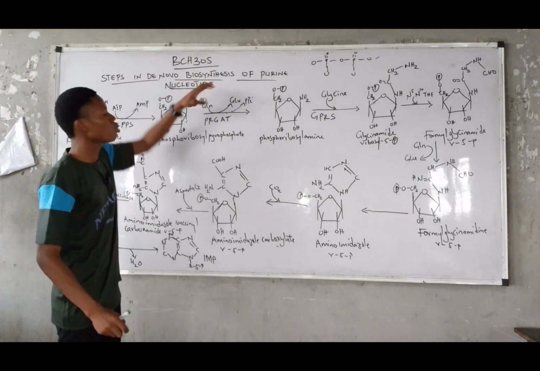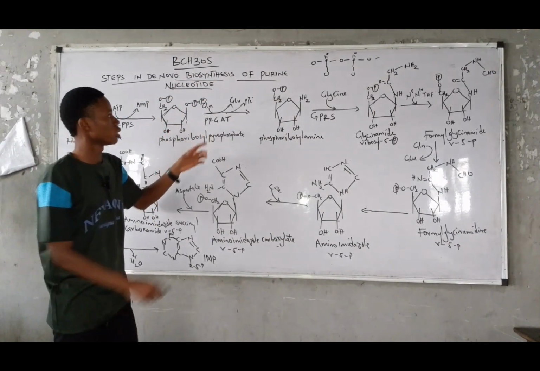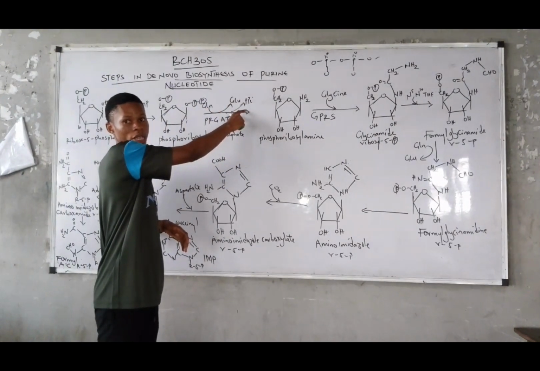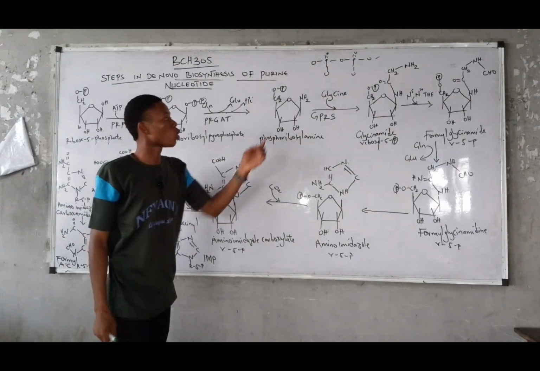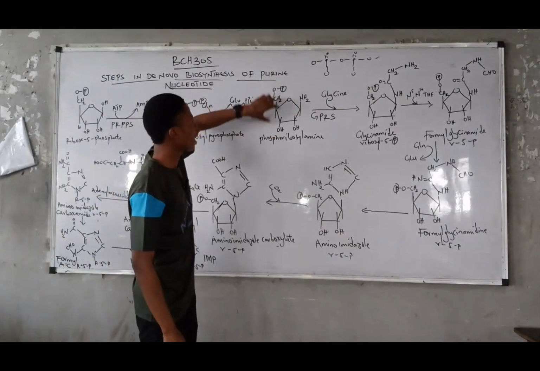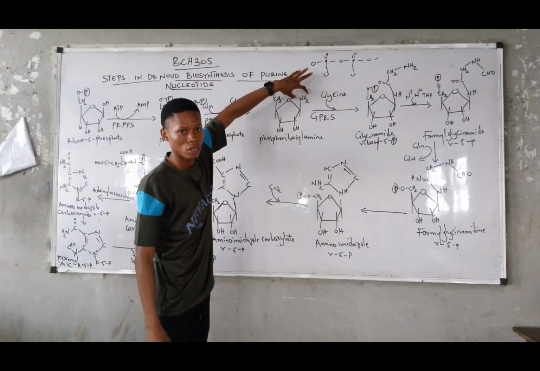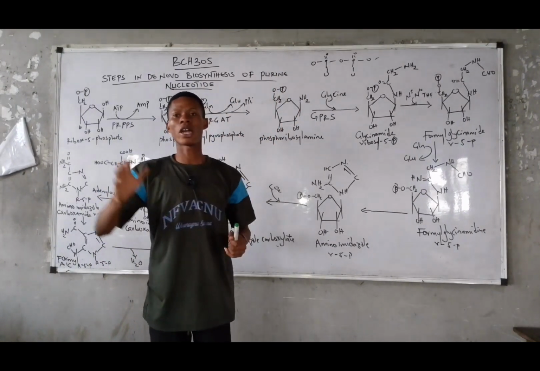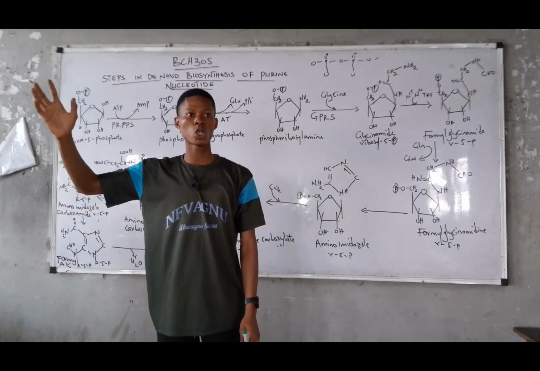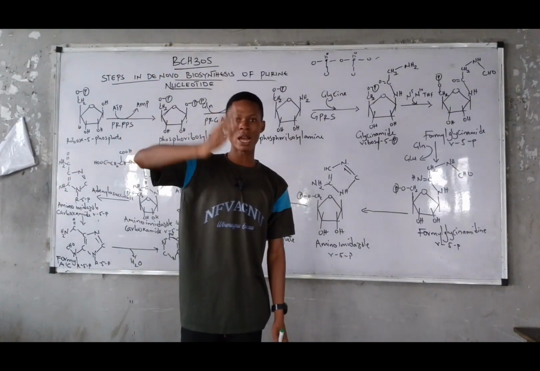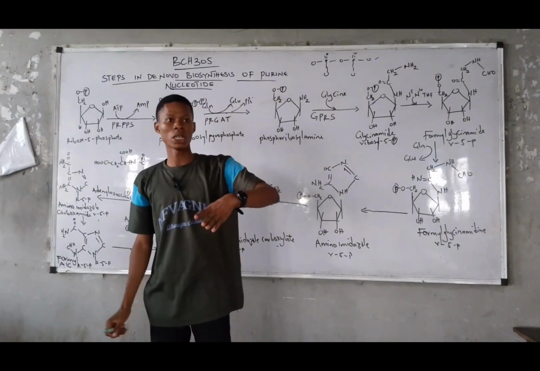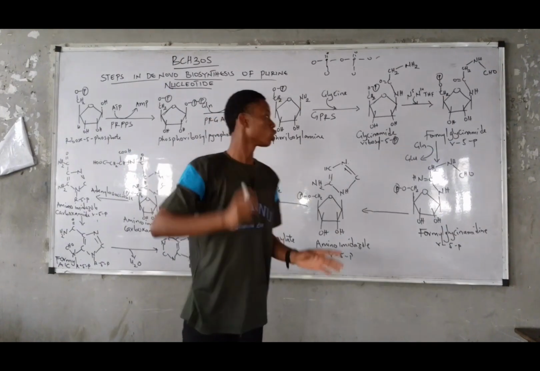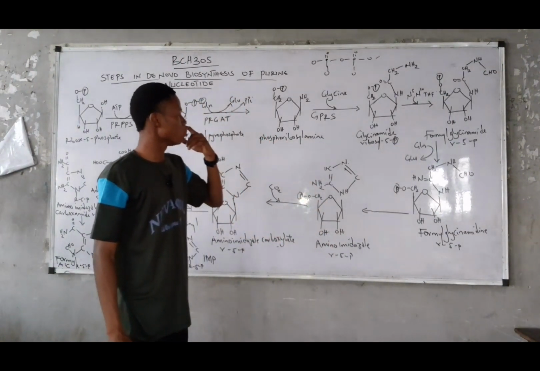As glutamine comes in and provides its amide nitrogen, the nitrogen comes here and displaces the pyrophosphate. So what we now have is phosphoribosylamine. From phosphoribosyl pyrophosphate, we've gotten phosphoribosylamine. Don't forget, first we activated ribose phosphate to phosphoribosyl pyrophosphate. Glutamine comes in and leaves as glutamate, and we have phosphoribosylamine.